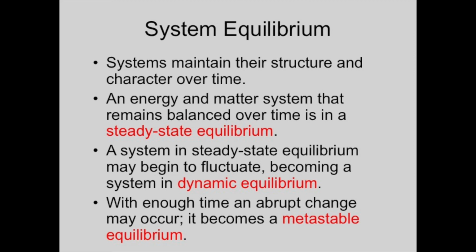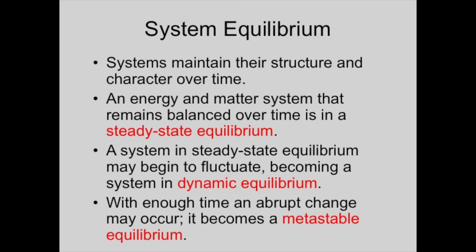Most systems maintain their general structure and character over time. At least they want to do this by their nature. This is what makes them predictable. And again, that's an important part of the scientific process, that we want to be able to measure or even understand. An energy and matter system that remains balanced over time is said to be in a steady state of equilibrium.